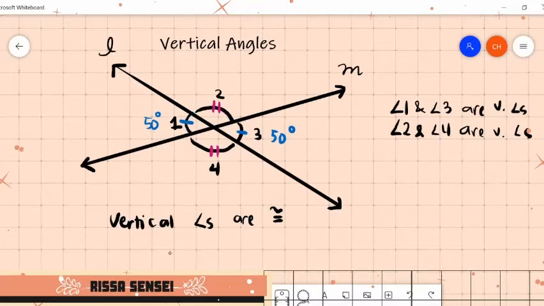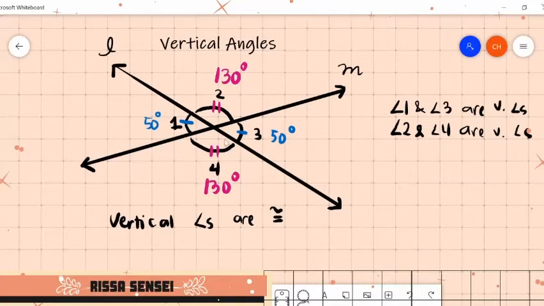So, 180 minus 50 will give us 130 degrees. So, ibig sabihin, angle 2 is 130 as well as angle 4. Okay, so, that's how you get the measure of the angles kapag merong two intersecting lines.